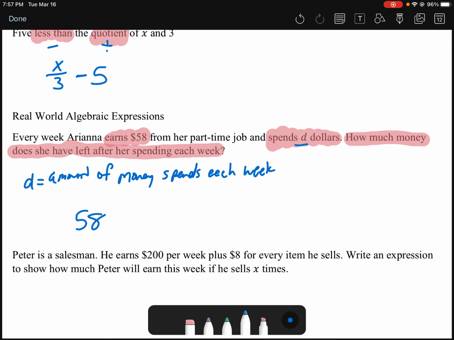But then she's spending D dollars. If she's spending that much, she doesn't have it anymore, she's losing it, so we're going to subtract that amount. So 58 minus D represents how much money she has left after spending each week.